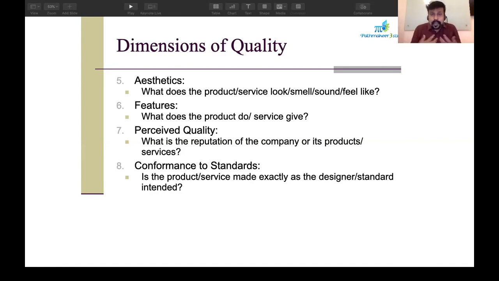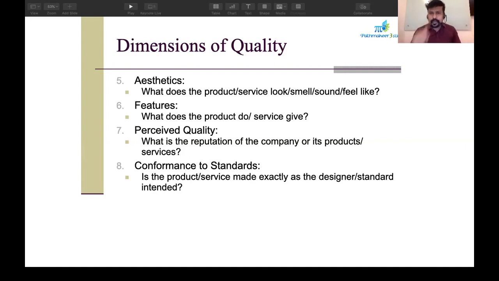So these are some kind of perception that I have about iPhone, but I have not used it. So perceived quality is experience of some other's experience, or it could be the reputation of the company. That is what is perceived quality.